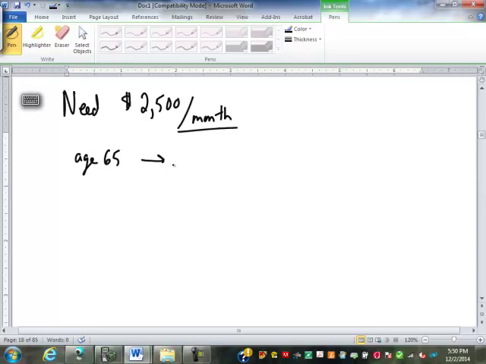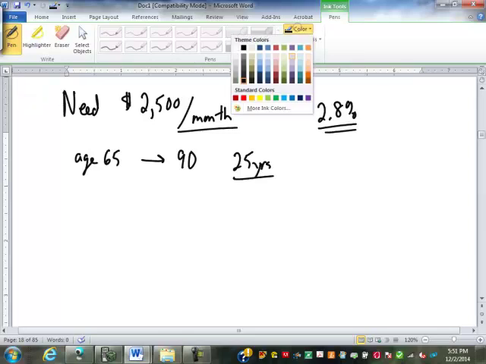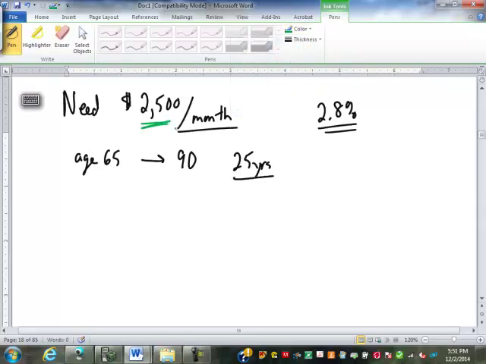Based on your family history, your life expectancy is about 90. So that is 25 years. Look into your investments and you can get about 2.8% on that. So how much do you have to save up if you want to be able to draw out $2,500 per month for 25 years if you're only getting 2.8%?